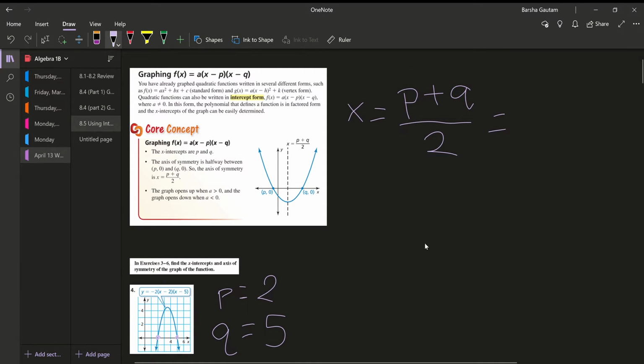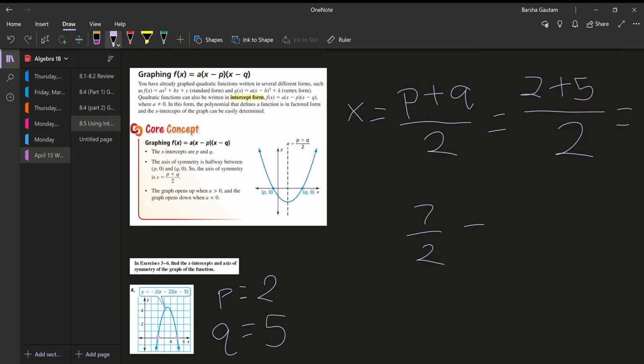Our p is 2 and our q is 5, so we're going to do 2 plus 5 divided by 2. Now what is 2 plus 5? 2 plus 5 is 7 divided by 2. And 7 divided by 2 is equal to 3.5. That means our axis of symmetry is equal to 3.5.